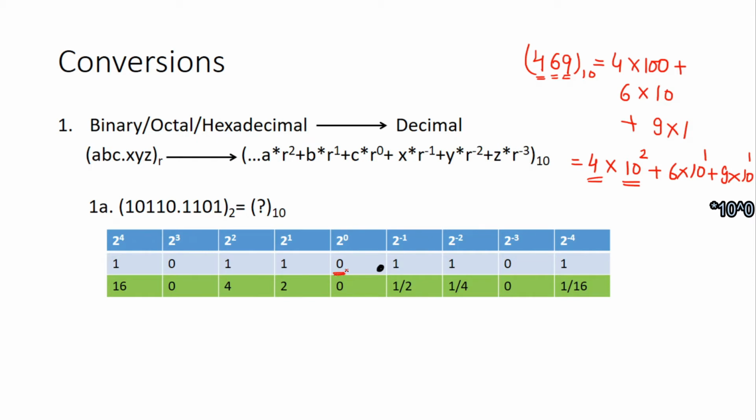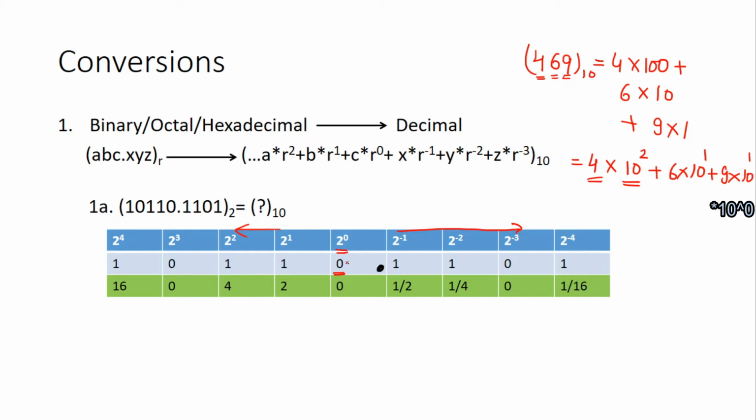So this digit would have place value 2 to the power 0, 2 to the power 1, 2 to the power 2, 2 to the power 3, 2 to the power 4. So we're going to list all the powers of 2 starting from 2 to the power 0. And similarly we are going to list the powers in negative. So that would be 2 to the power minus 1, minus 2, minus 3, minus 4. And we're going to multiply these values.